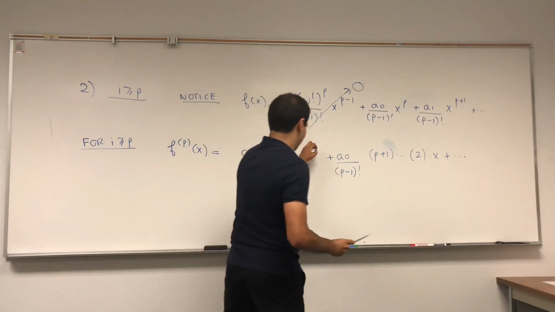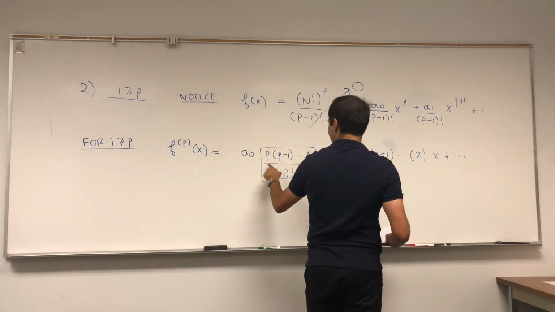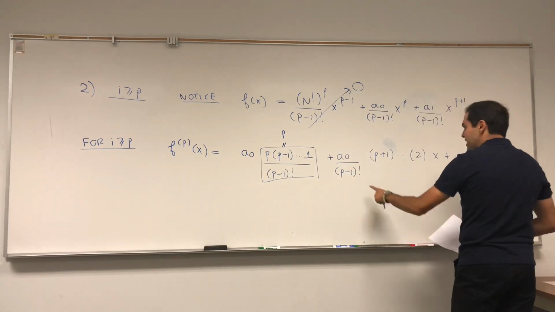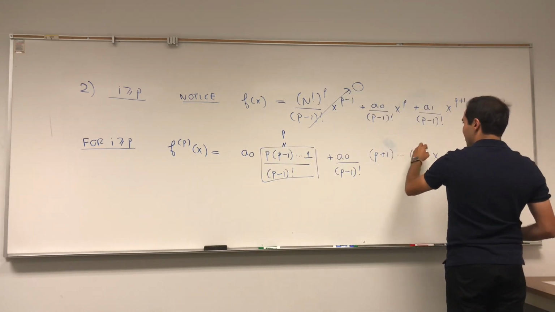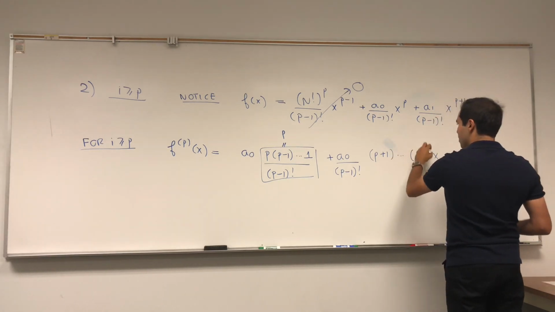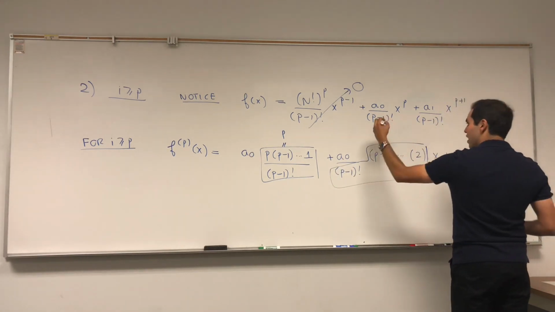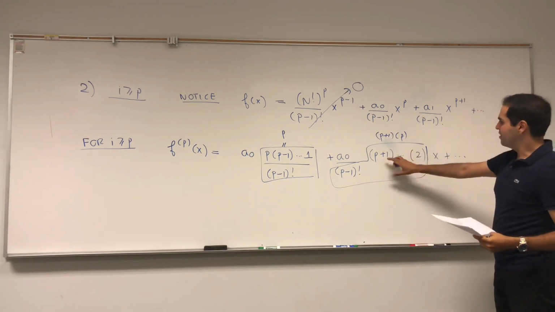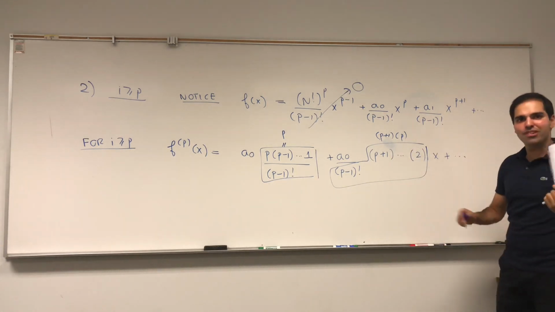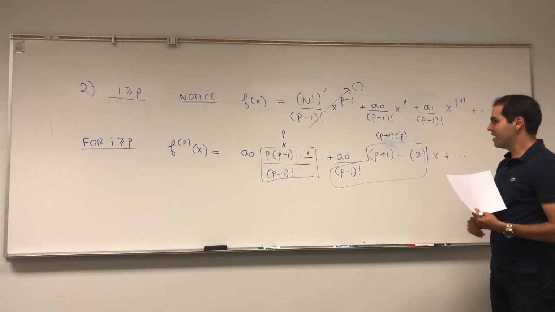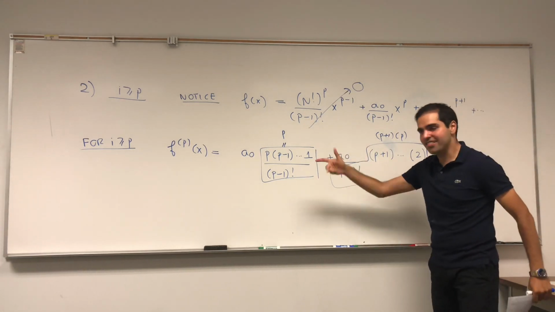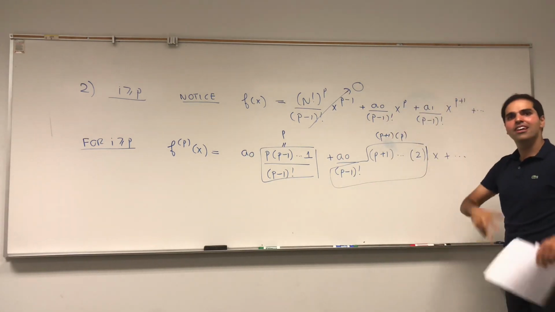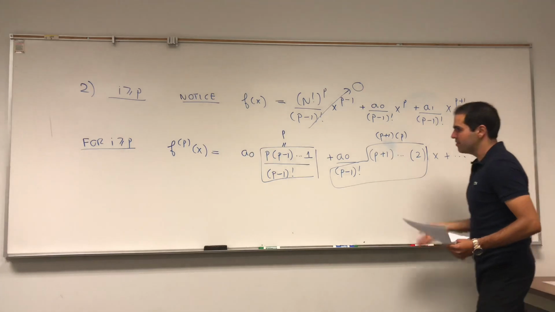Here the nice thing is we get a cancellation. This is really p factorial over p minus 1 factorial, which is p. And then here we get p times p plus 1 times p, and same with the other terms. So it turns out that if you take p consecutive integers, multiply them, and divide by p minus 1 factorial, you still get a multiple of p.